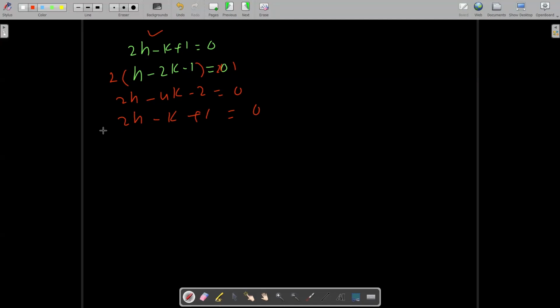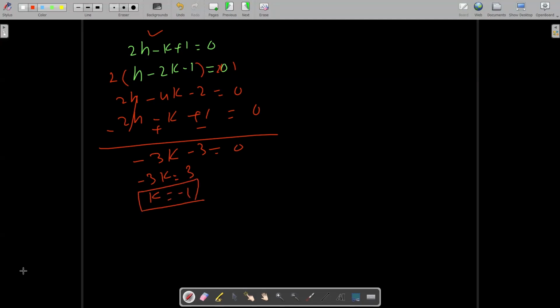If you subtract these equations, you have to change the signs. Simplify: minus 4k plus k is negative 3k, and negative 2 minus 1 is negative 3, equals 0. So negative 3k equals positive 3, and k is equal to negative 1. Does it make sense? That was your mistake. Okay, no problem.